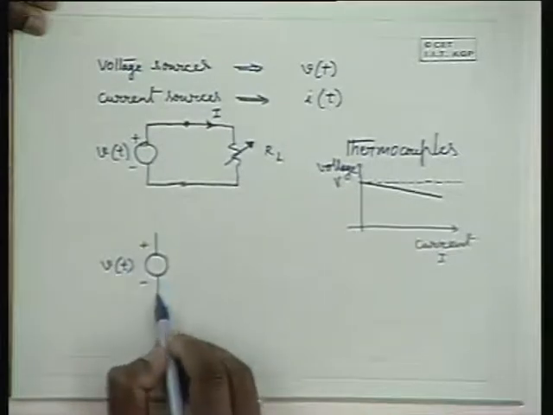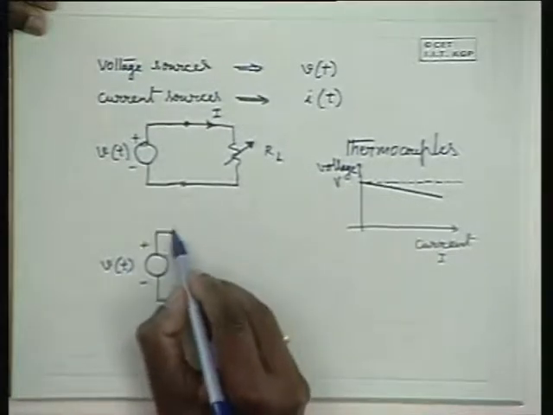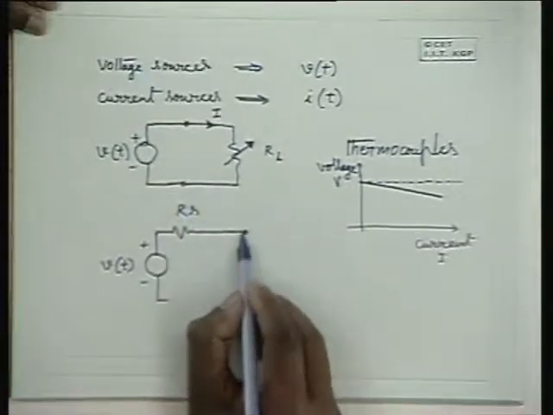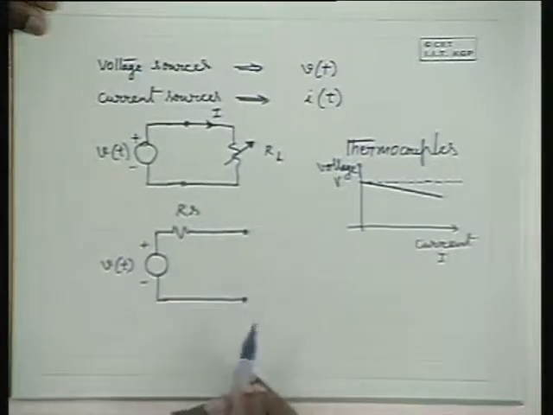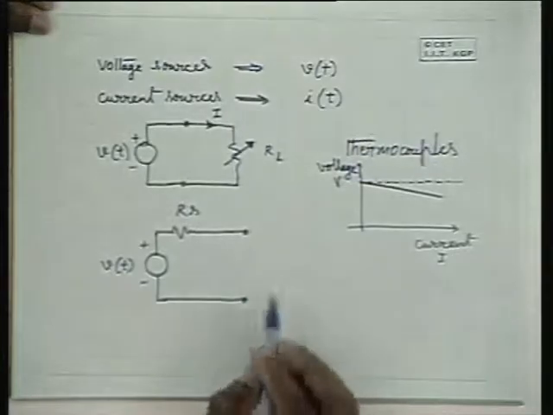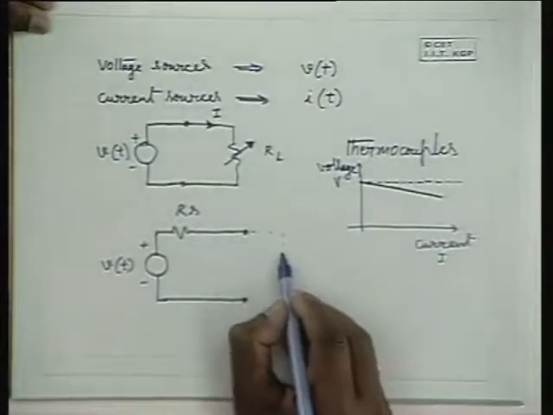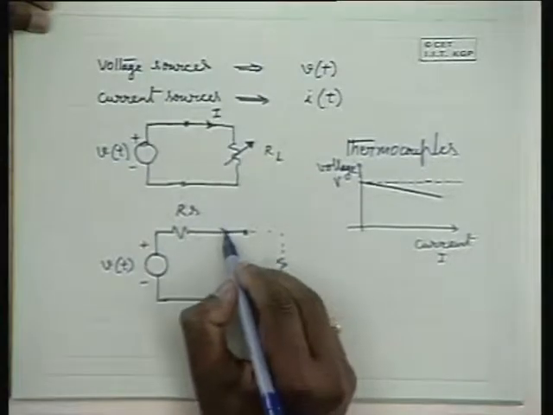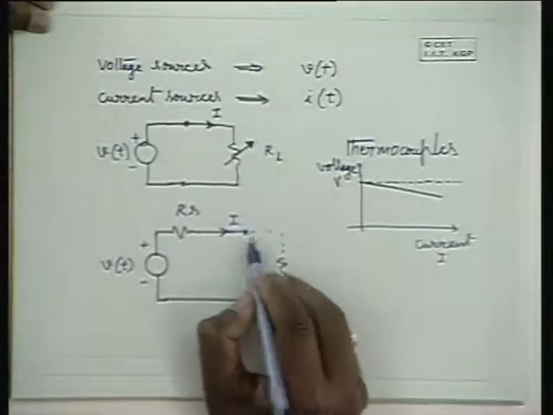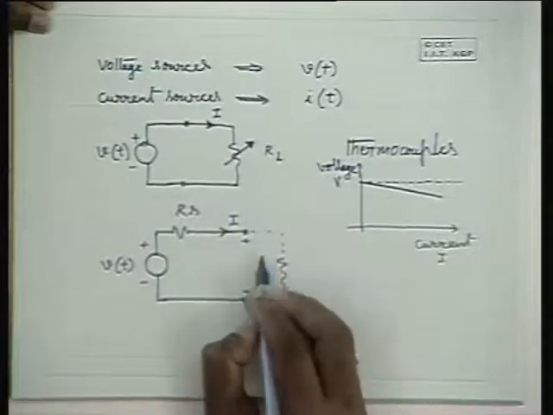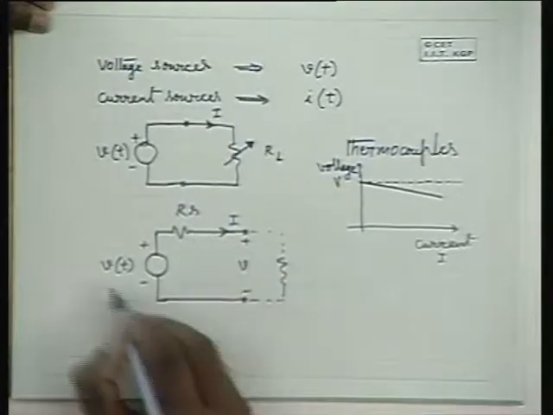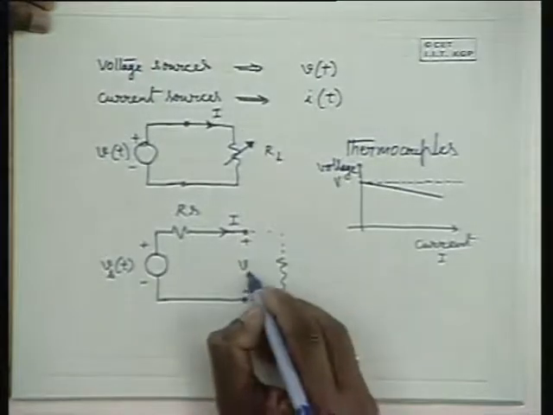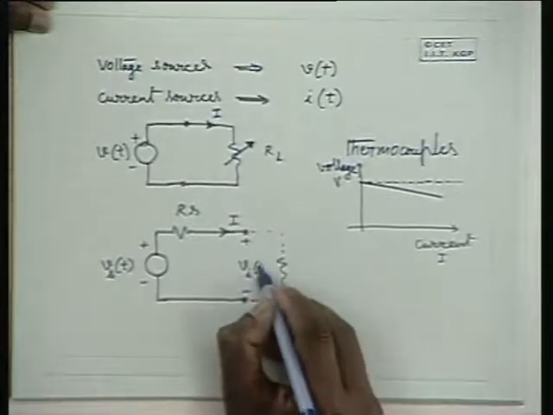Hence, such practical voltage sources can be represented by an ideal voltage source in series with some source resistance. Now, through an external load resistance, if you draw some current, what is the output voltage here? Let me call this V_S, the ideal source voltage, and this V_T, the terminal voltage.